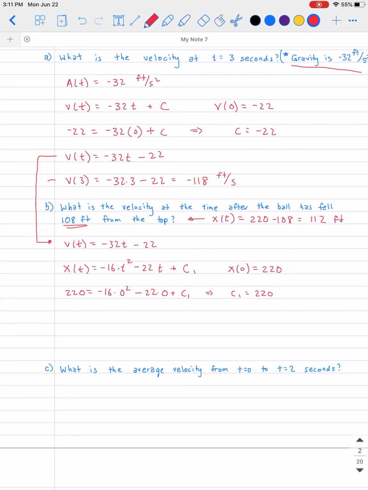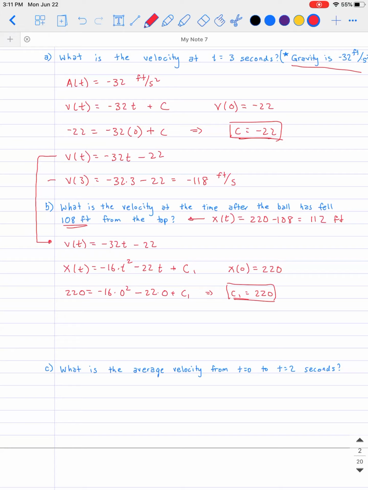You can see what the conclusion is from part A and also part B. Note that the constant you have to add very likely has to do with the initial velocity, in this case negative 22, and the initial position, in this case 220. So that's an indication that you're doing this correctly. That doesn't always happen, but it happens most of the time.